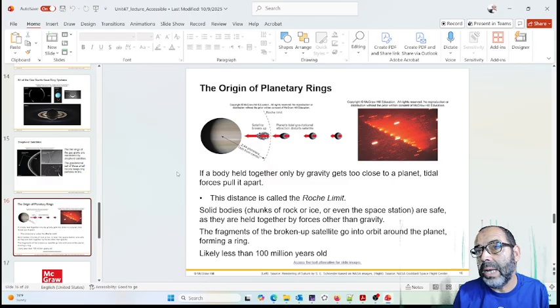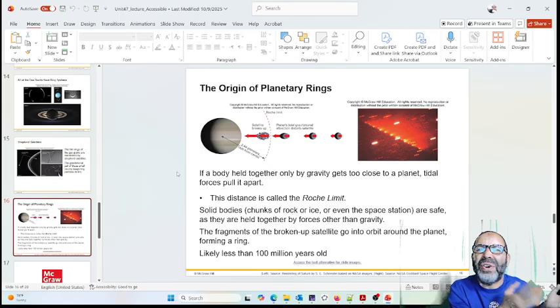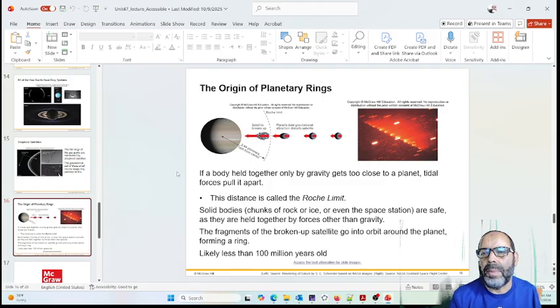Well, remember, I said what holds the object is gravity. You're being held by electrostatic forces. So if other forces are involved, then the object will keep its shape. That's why you have moons within the rings. They still exist in there, so they are not torn apart because they're held by other forces.